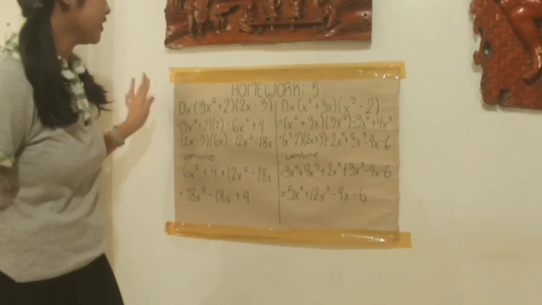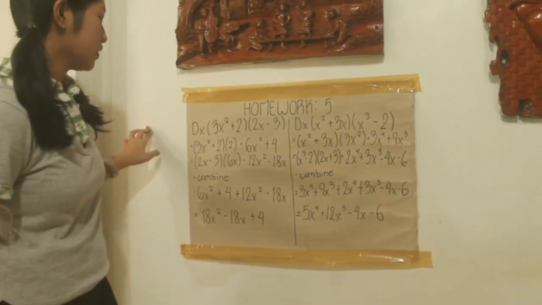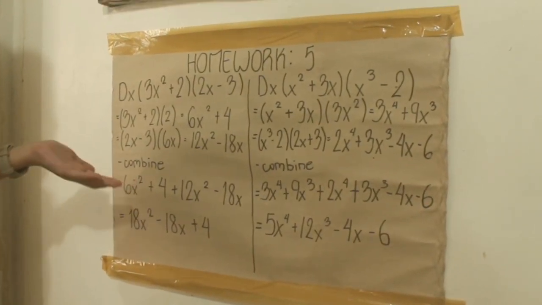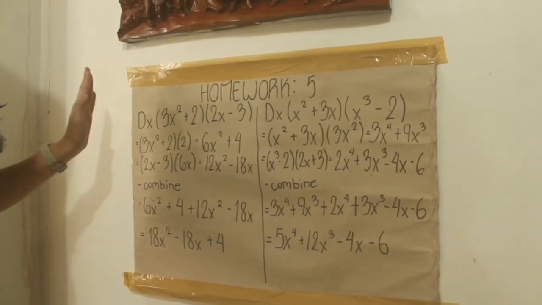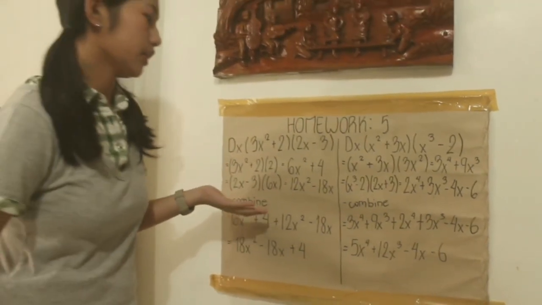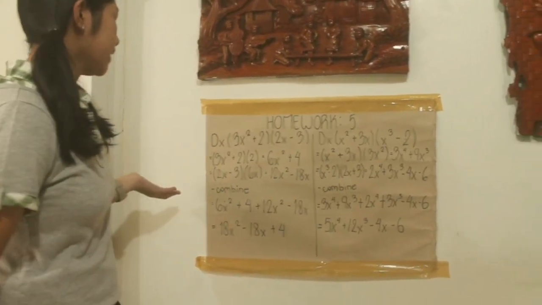Can you please explain? So we have derivative of 3x squared plus 2 multiplied to 2x minus 3. For our first term, we have 3x squared plus 2 multiplied to 2. So we just need to multiply. So the answer to our first term would be 6x squared plus 4. And next, for our second term, we have 2x minus 3 multiplied to 6x.